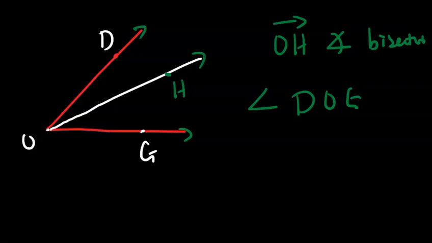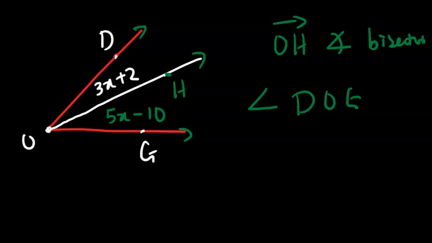Let me give you angle DOH. DOH says I am 3x plus 2. HOG says I am 5x minus 10. Can we find the value of x? Pause this video, see if you can solve this on your own.